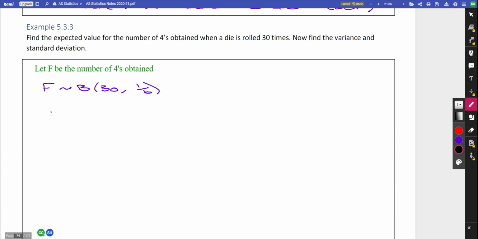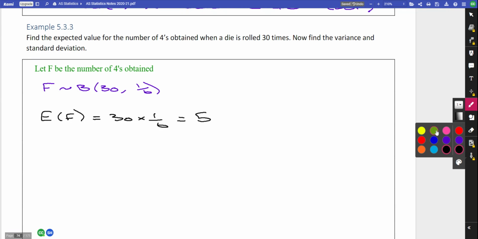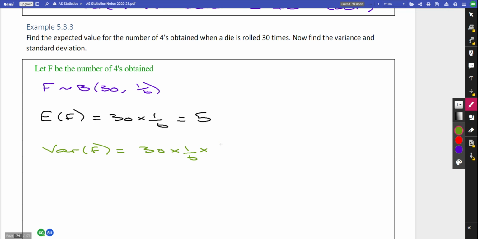If I am working out what the expected value is, I've got 30 times 1/6, which is 5. If I'm working out what the variance is, I've got 30 times 1/6 times 5/6.